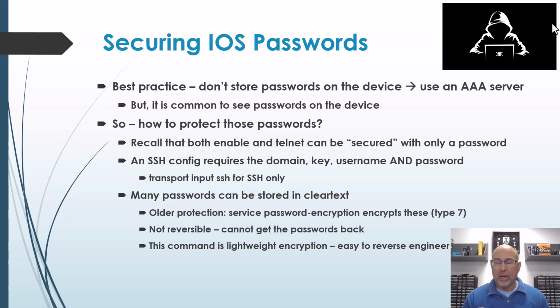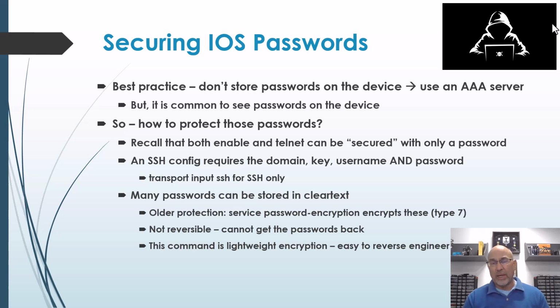But if we talk about enable or user login or telnet, we can just apply a password to those. When we configure a device for SSH access, as we saw a long time ago in one of the earlier chapters, which I'll link in the show notes, we know that there's more to an SSH configuration.